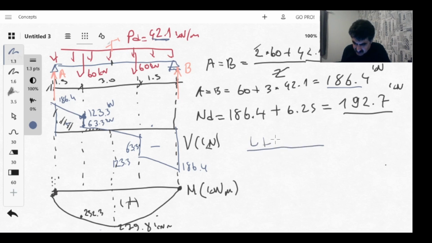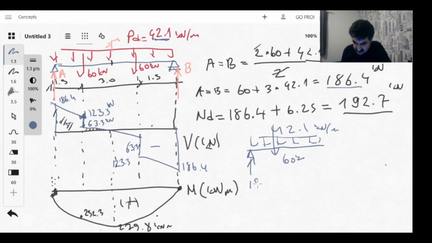We have a distributed load of 42.1 kilonewton per meter, and then here 60 kilonewton.